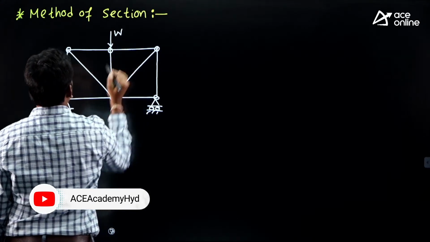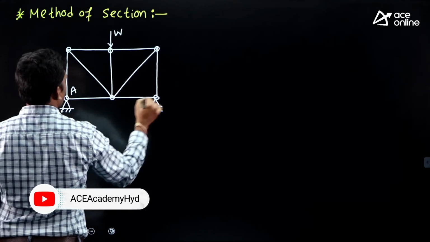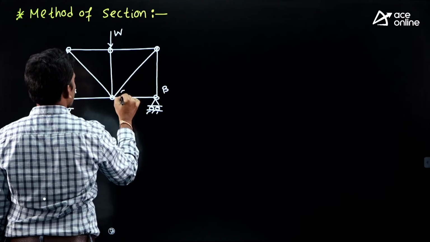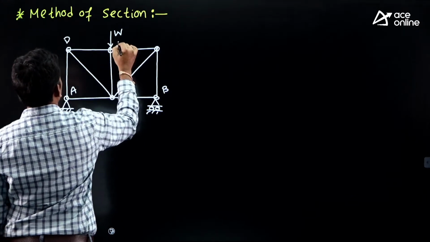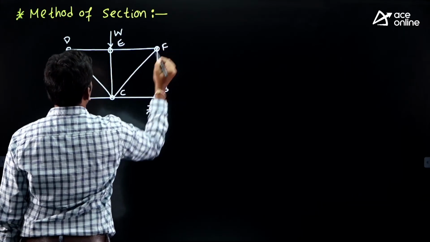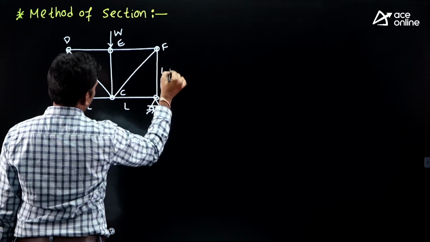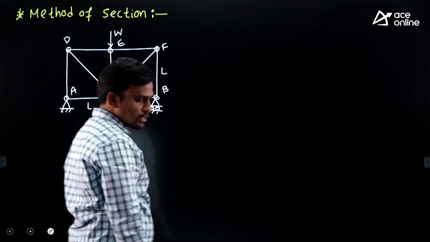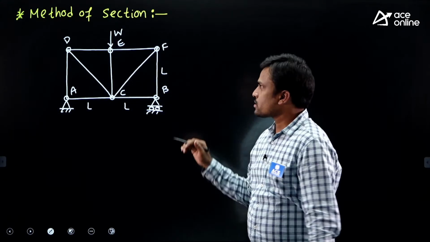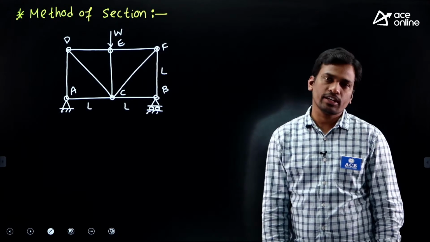There is a load W acting. These are points A, B, C, D, E, F. For example, length is L, height also L.